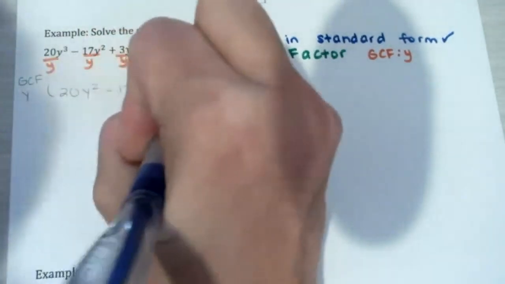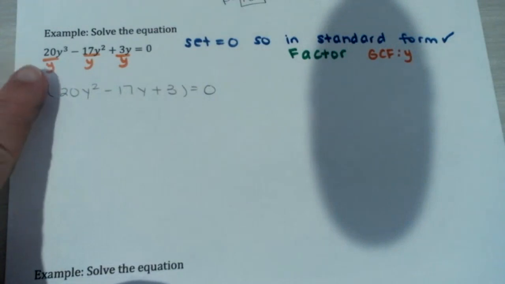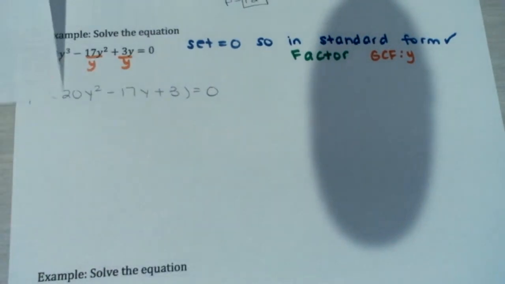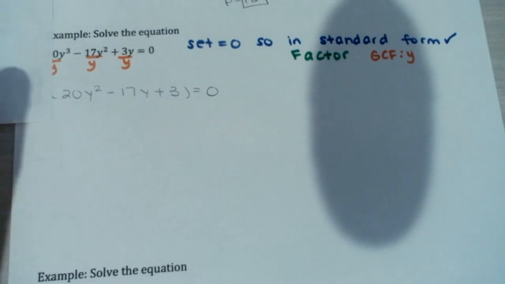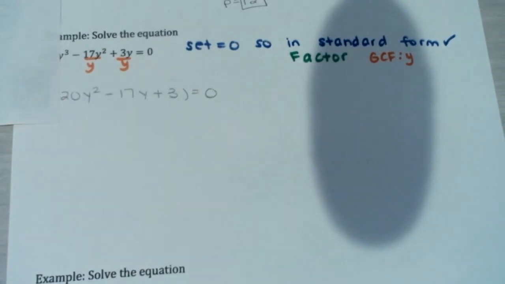Bringing that GCF of y out front, we're left over with 20y squared minus 17y plus 3 equals 0. Just like before, y is already a factor, so y is already an answer. I'm going to cover it up. It's already done. I'm just worried now about factoring 20y squared minus 17y plus 3.